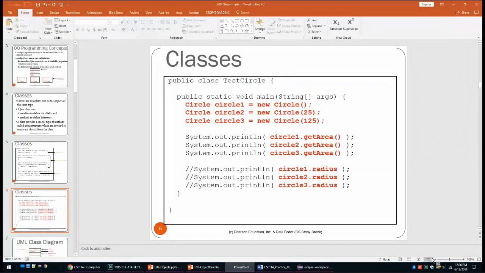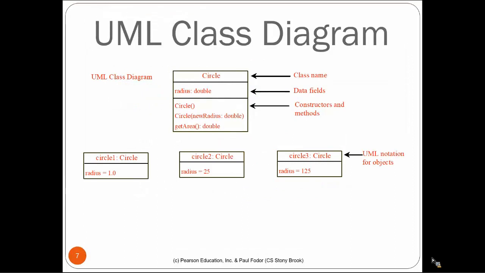So let's continue. Now, earlier we said that there is a visual representation of classes in programming languages that support object-oriented programming, and that is called UML, Unified Modeling Language.